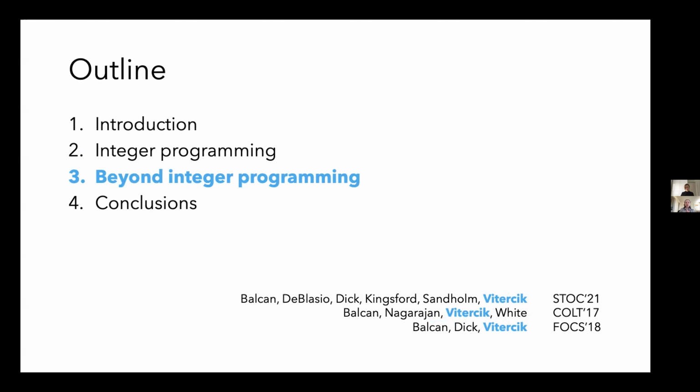Okay, so now I'm going to move even beyond integer programming to describe a recent work by myself, Nina Balcan, Dan DeBlasio, Travis Dick, Carl Kingsford, and Tuomas Sandholm, which provides configuration guarantees for many other types of combinatorial problems beyond integer programming, but also including integer programming.